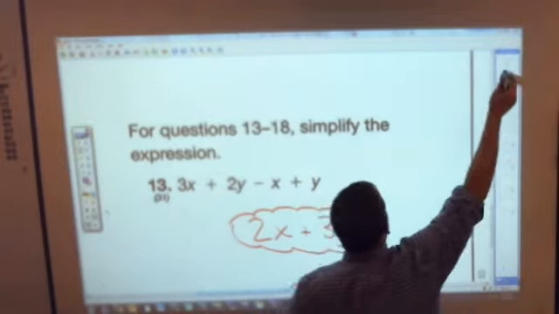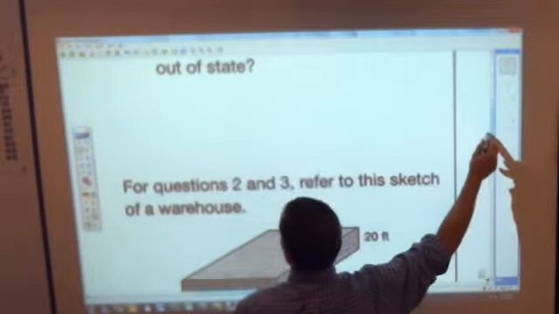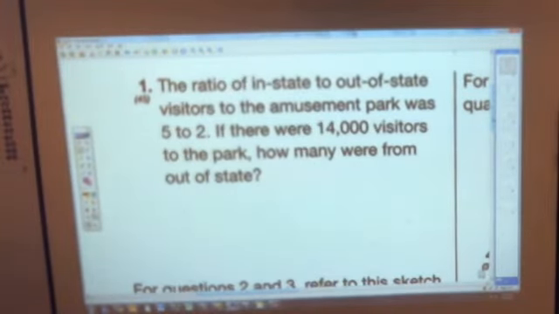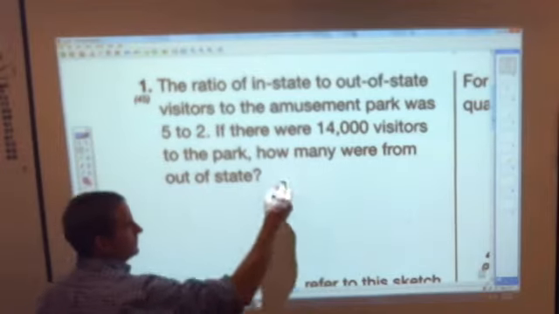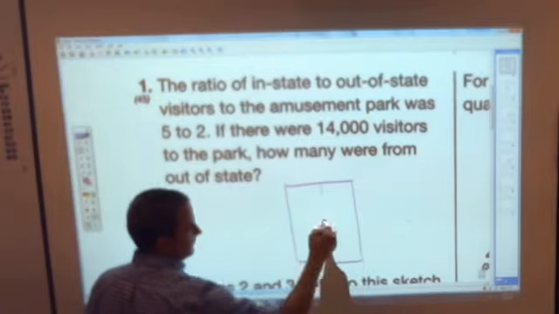Number 1. If I can find number 1. The ratio of in-state to out-of-state visitors at the amusement park was 5 to 2. All right, anytime John Lick hears the word ratio, automatically bells and whistles go off in his head and say, I probably need to draw a ratio box. And since you've been in 6th grade, I remember starting this.